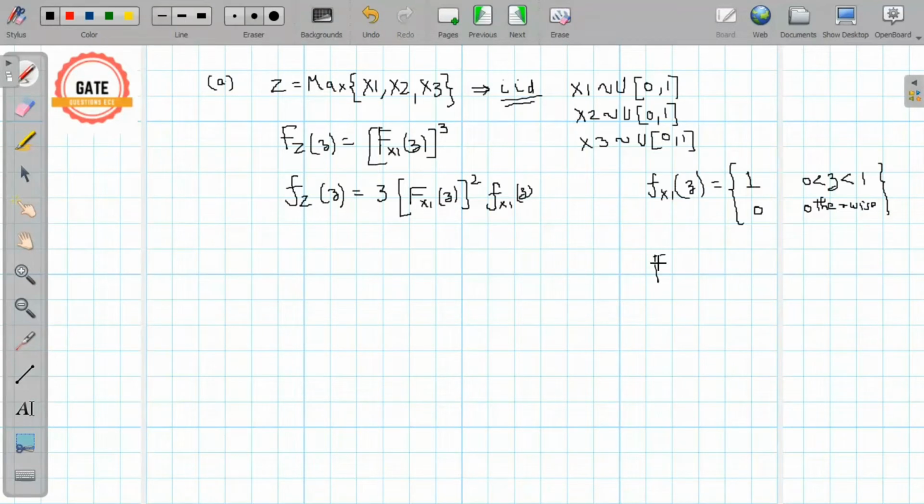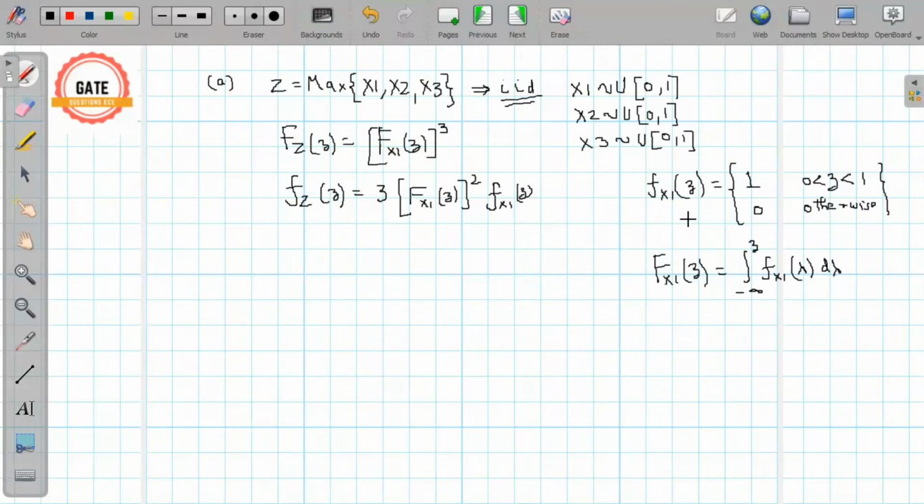And also we know that the CDF of x1 will be nothing but the integration from minus infinity up to z of the PDF of x1. So here I am taking a dummy variable lambda, d lambda.